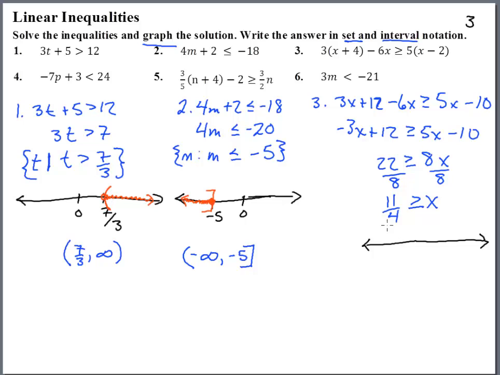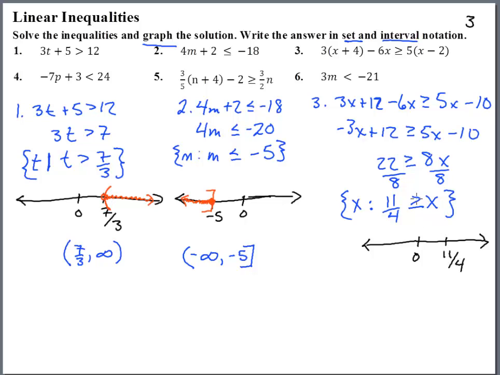Draw the graph here. Oh, we better do our set notation. So you could write this as 11/4 is greater than or equal to x, or x is less than or equal to 11/4. Now with our graph, here's 0, and about there's 11/4.